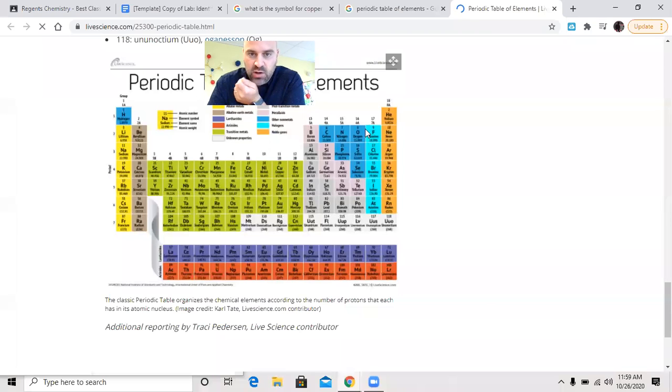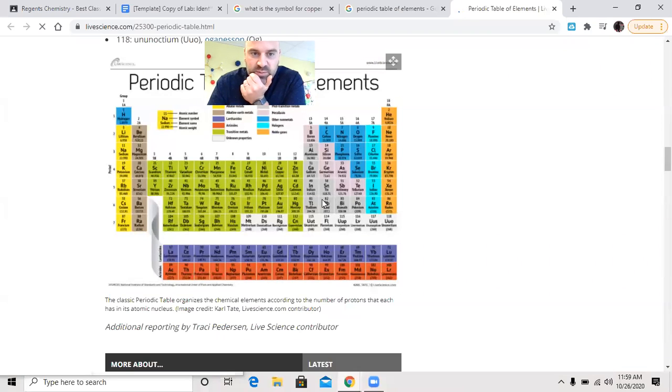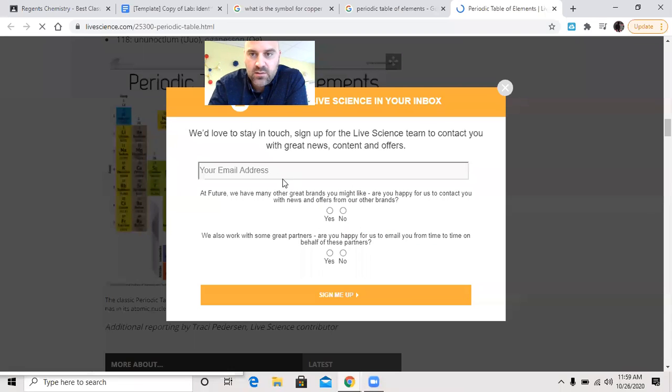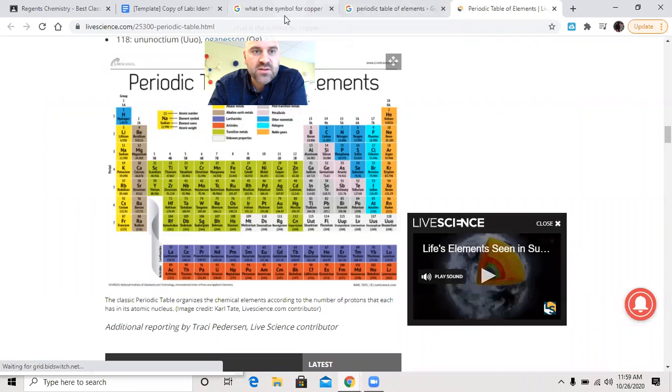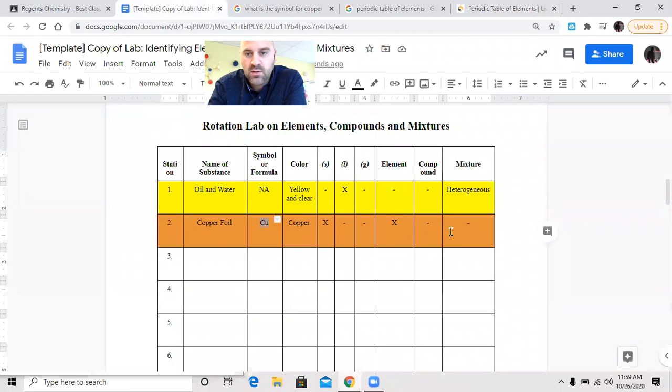If it's one of these 118 elements, it's an element. Copper is on this periodic table, Cu, right where my mouse is. If it's there, it's going to be an element. Maybe I'll leave this up here for us too. So that's going to be an element.